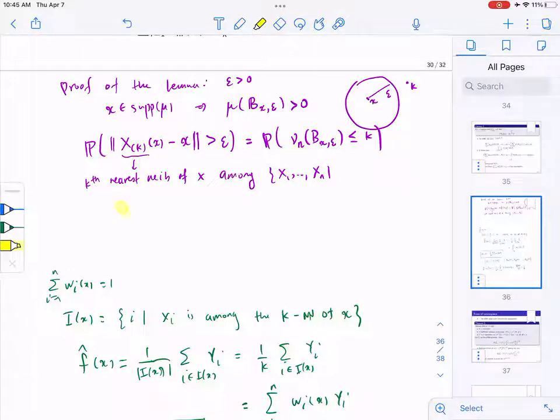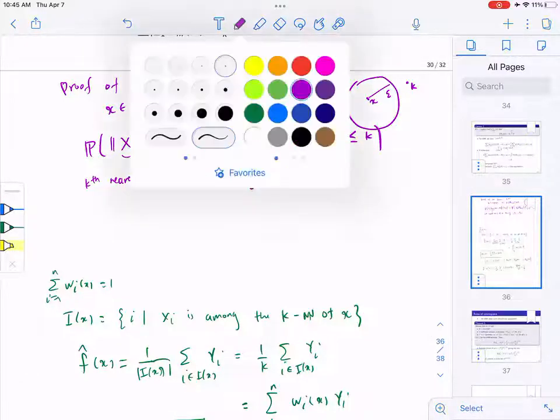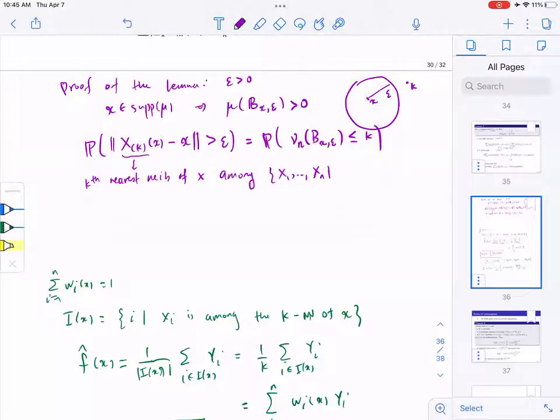So nu n of x, epsilon divided by n. What do you guys think this converges to? This is the summation over i from 1 to n of the indicator that xi belongs to the ball B(x, epsilon), divided by n.